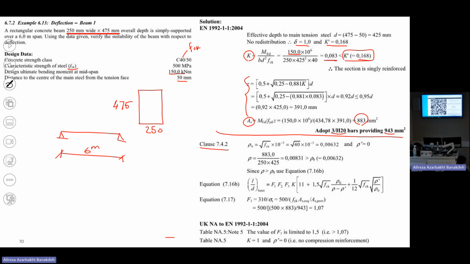Whichever is closer to that 883 is the best, because you need to pay for that. The more reinforcement you use, the more you need to buy, the more you need to pay. So the closer you get to that number, the better, all right?